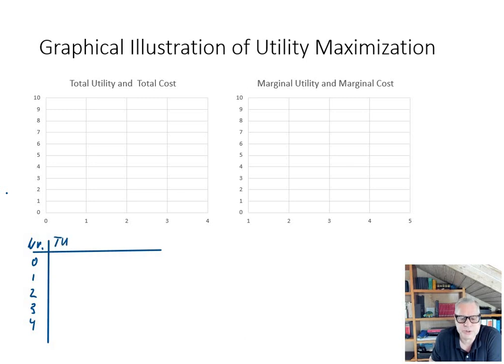Of course, if there is 0, there is none, but then the development of utility was 4, 7, 9, 10, and then we calculated the marginal utility, and that was 4, because from 0, actually I could make here a 0.